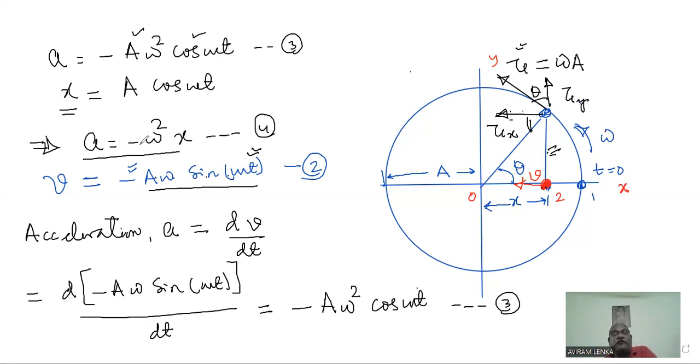But one thing I have missed midway, that is, there is another formula for velocity.